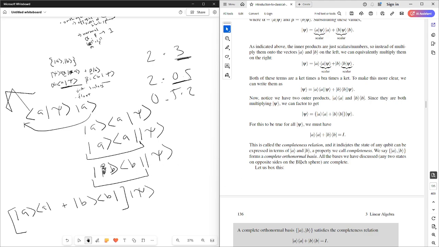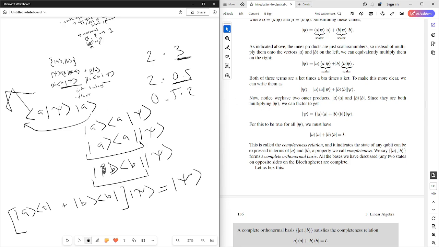So in order for that to be true, actually, I apologize. This is important, right? So all of this times psi has to equal psi.